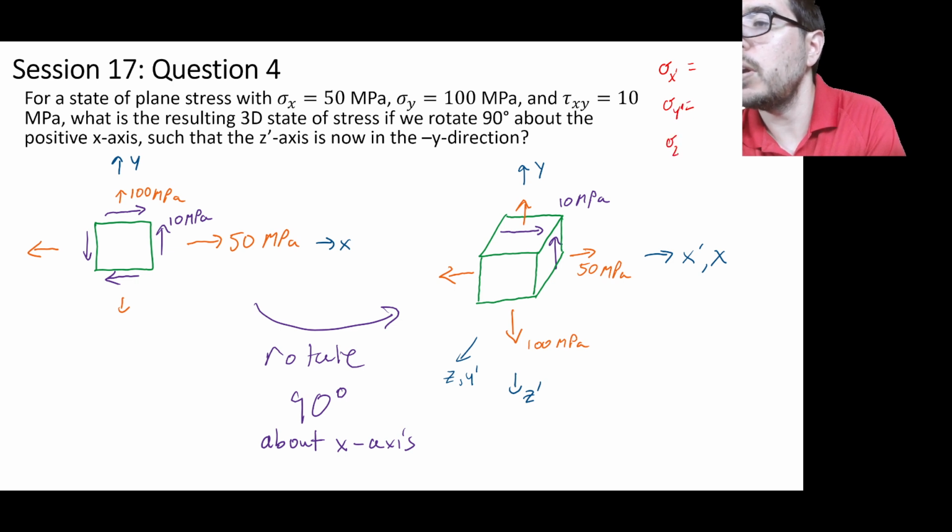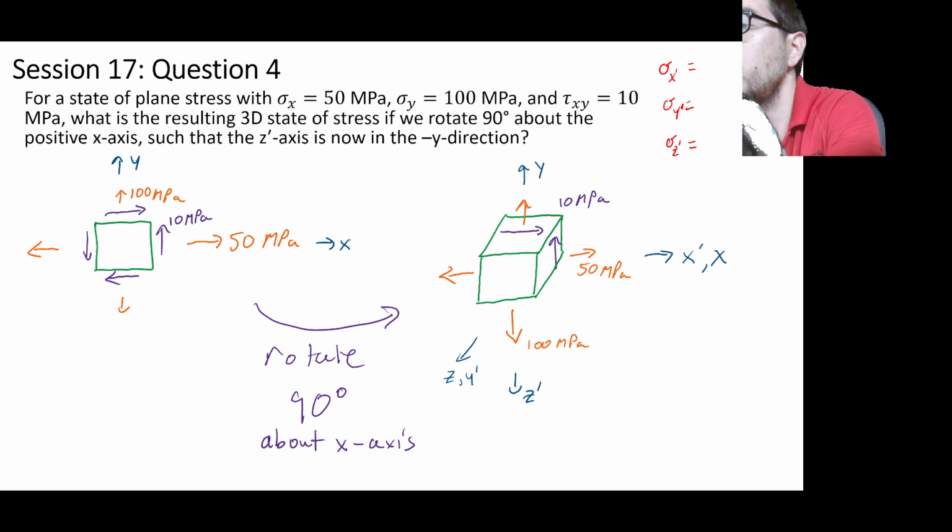Sigma z prime equals something. And this is hard to write like this. We have tau x prime y prime equals something. We'll have a tau x prime z prime equal to something, and we'll have a tau y prime z prime equal to something.